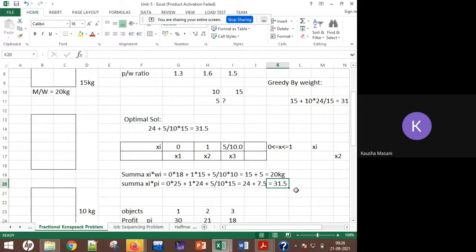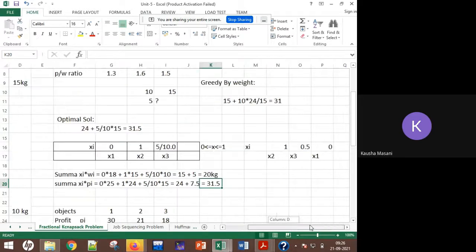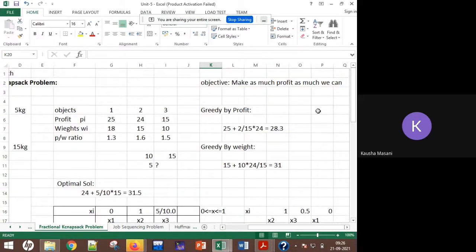No, it does not have 3 approaches. It was just for the explanation that if I go greedy by profit, the profit I'm getting is 28.3. If I go considering the weights, whichever weight is higher, I will take that, and the profit I'm getting is 31.